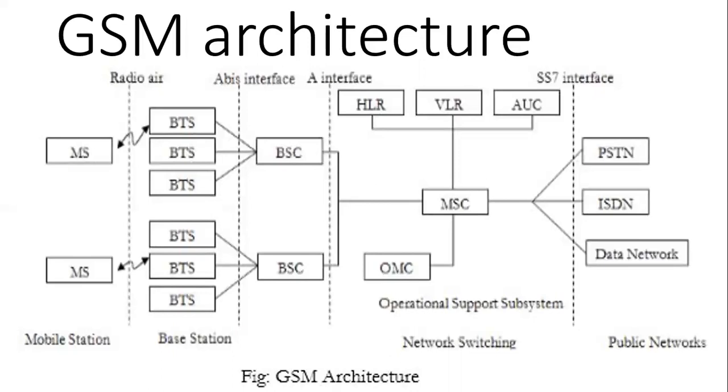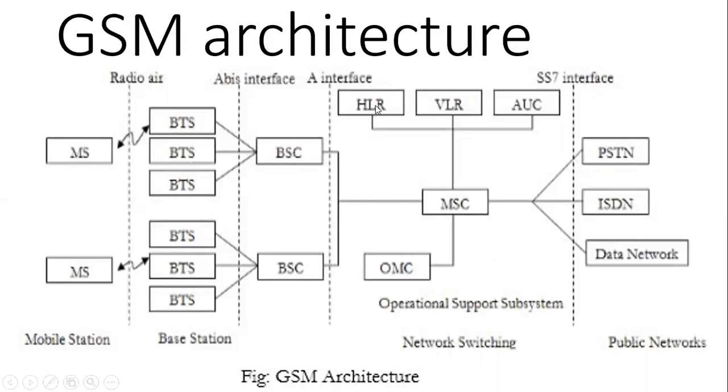So this is the entire diagram of the GSM architecture. First it consists of the mobile station, second the base station, next the network switching, and the final one is the public network. The base station has the base transceiver station and the base station controller.